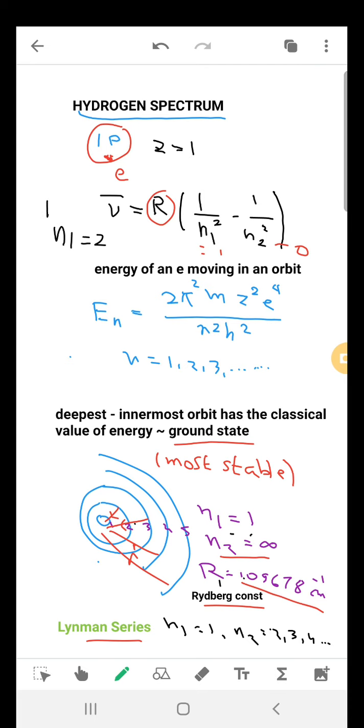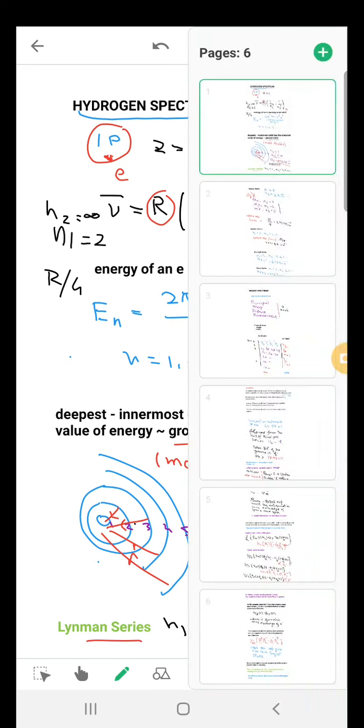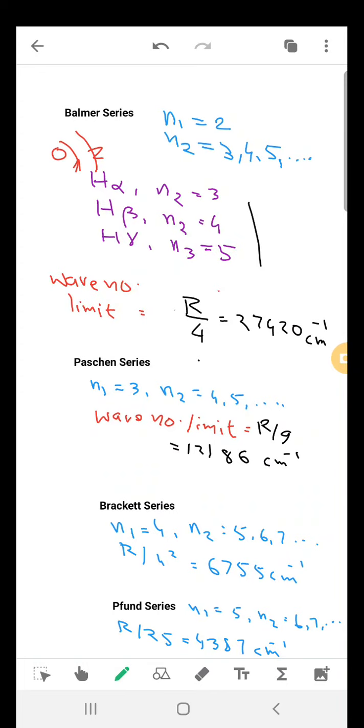So when n2 is equal to infinity, automatically we get R by n1 square, that is R by 4. That is why we get the value R by 4, and this is the wave number limit, which is 27420 centimeter inverse.